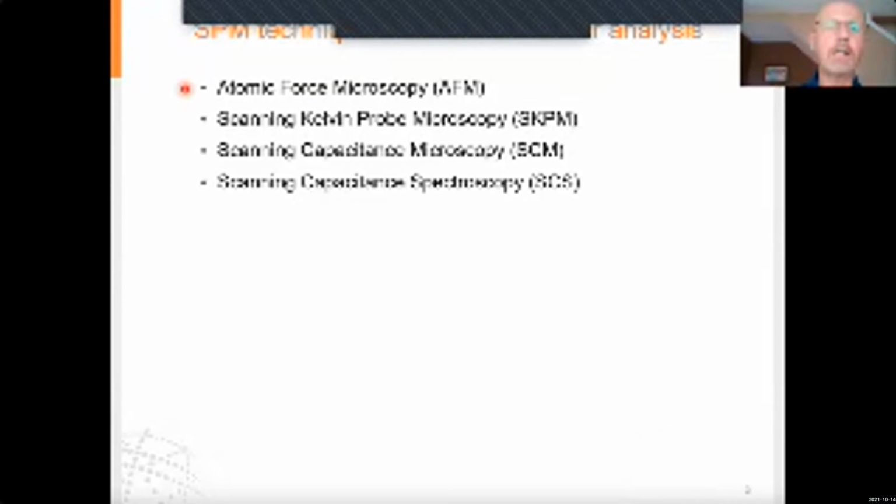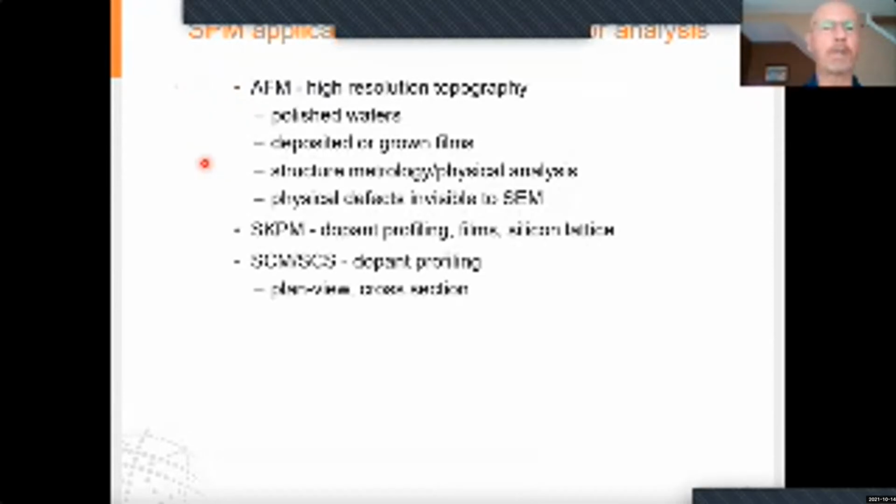So the techniques that lend themselves very well for semiconductor analysis are atomic force microscopy, scanning Kelvin probe microscopy, scanning capacitance microscopy, and scanning capacitance spectroscopy.